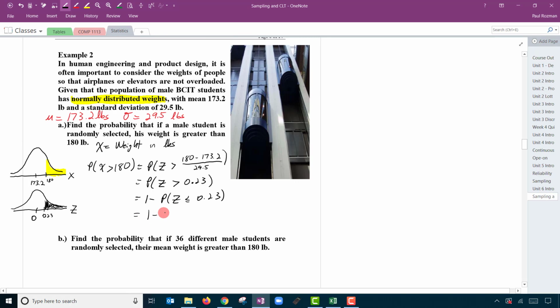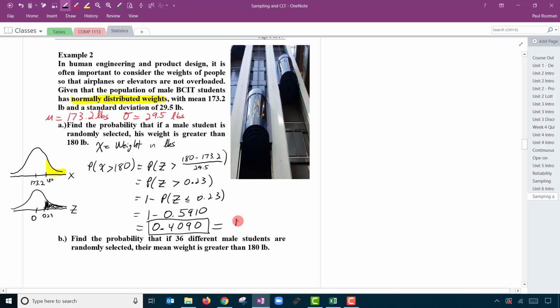So that's 1 minus 0.5910. So we get 0.4090. There's a 41% chance if I randomly pick a guy on campus that they weigh over 180. Or I could say, maybe more interesting, 41% of BCIT male students are over 180 pounds.